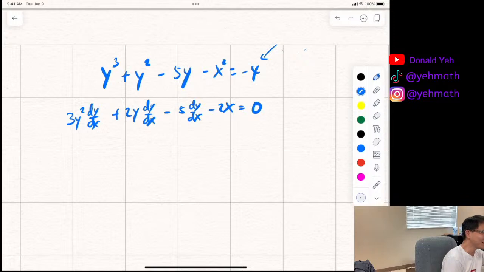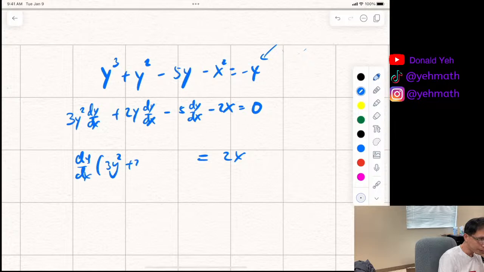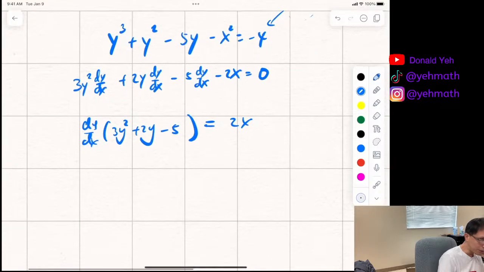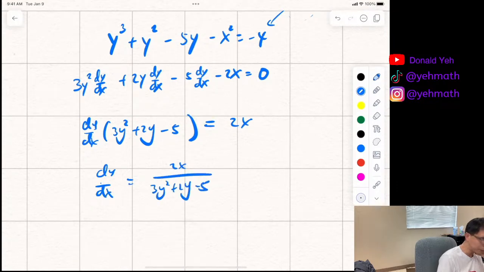You don't know how to take a derivative of negative 4? You already take the derivative of negative 4, that's going to go away. So what you're going to do is move that 2x to the other side and factor out dy dx. And then you just solve for it. dy dx is equal to 2x over 3y squared plus 2y minus 5.